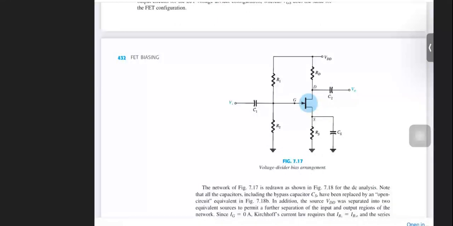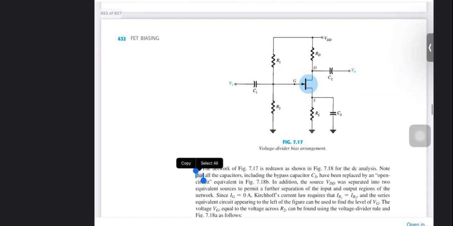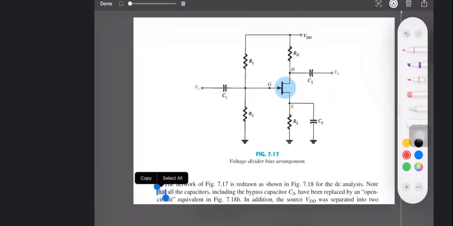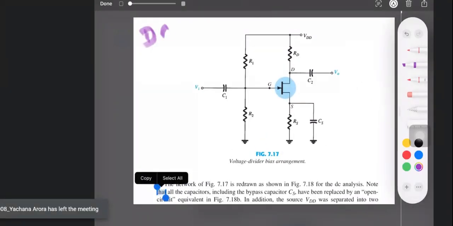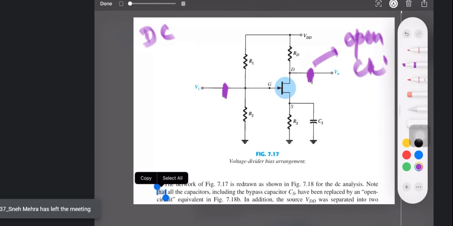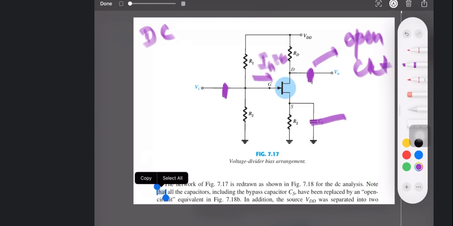Next is voltage divider biasing. Here also, if you see, this is voltage divider biasing. And again, when we do the DC analysis, this is going to be open circuit. This is also going to be open circuit. Okay. This gate current is 0. Right? So this is also open circuit in a way.